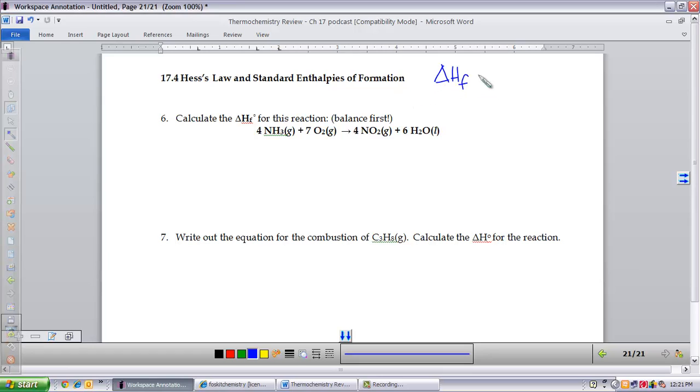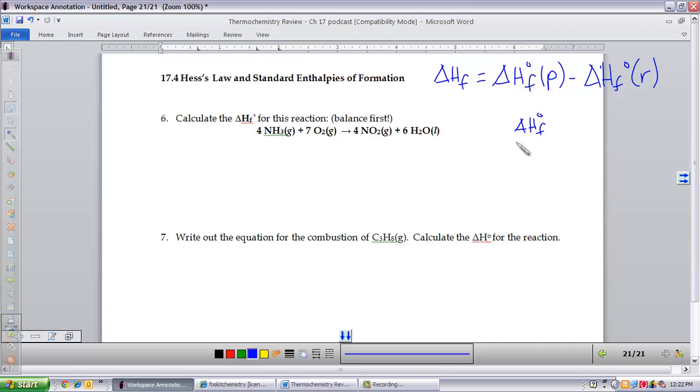Now we're going to look at standard enthalpies of formation. This is where the enthalpy of the reaction is equal to the standard enthalpy of formation of the products minus the standard enthalpy of formation of your reactants. Okay, so first you would need to be provided with a table that had this information. You don't need to memorize all of these.